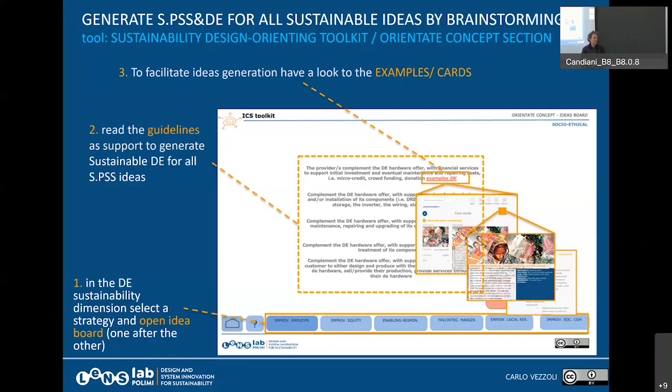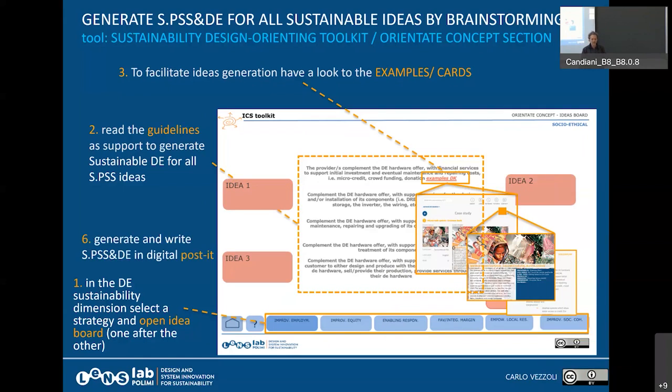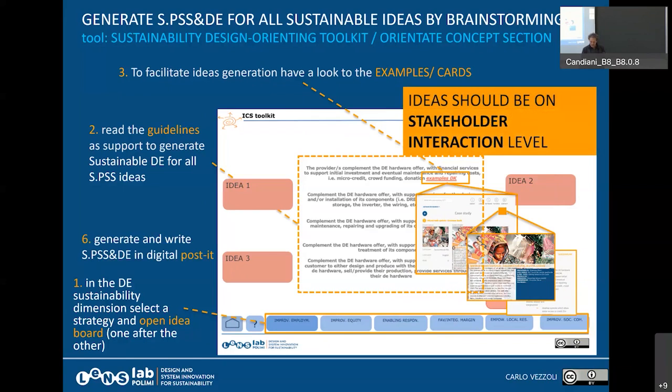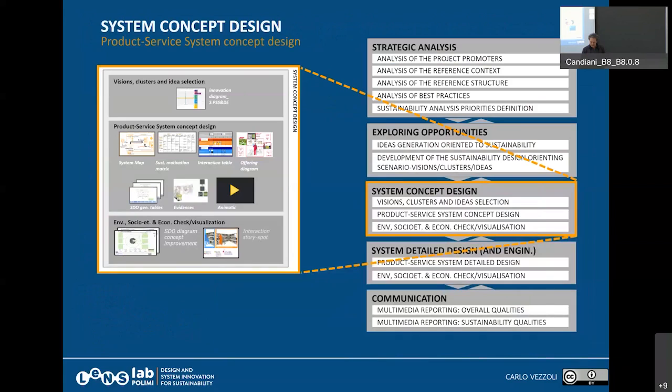Nevertheless, here you have the examples, so use the tool and that's fine anyhow. And then you generate ideas, okay? So you will have quite a bunch of ideas. Again, the ideas should be up to an interaction at stakeholder level.